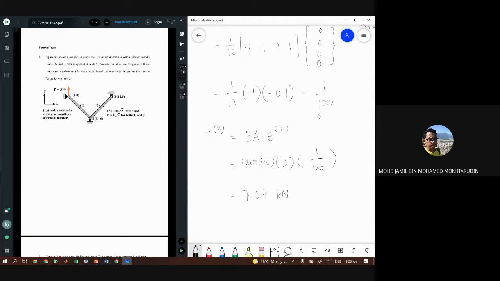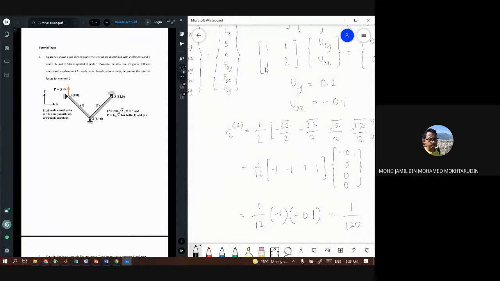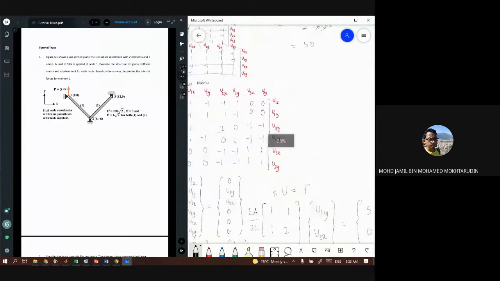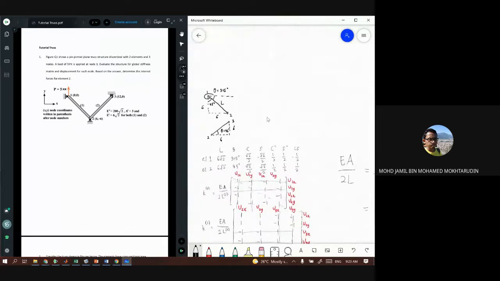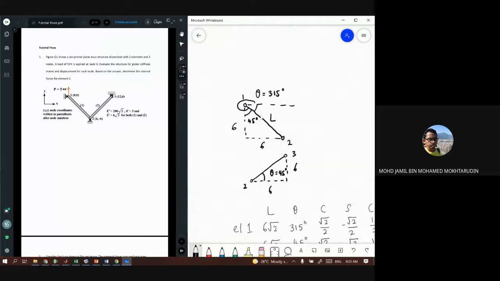Okay, any question before we proceed with question number 2? Doctor, I want to ask, theta should be taken from the positive x-axis, right? Yes. Always take theta from positive x-axis. And always take theta from the node with lower number. So for example, 1 and 2, we take theta from node number 1.